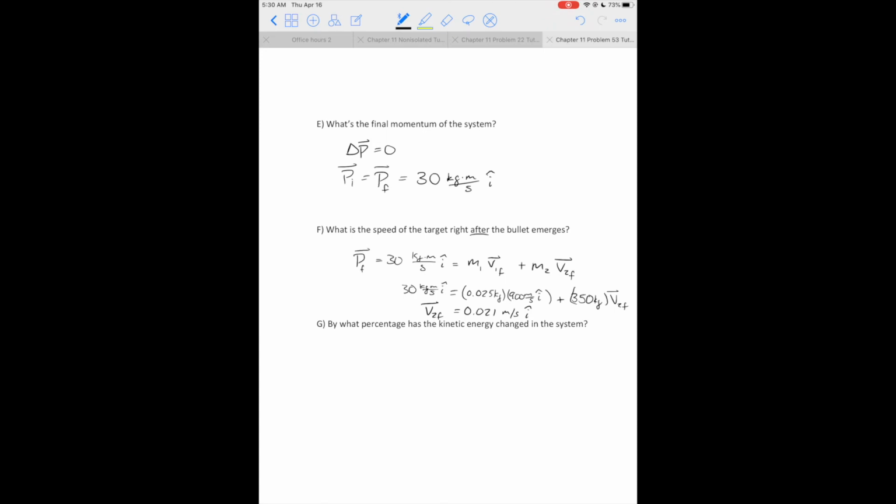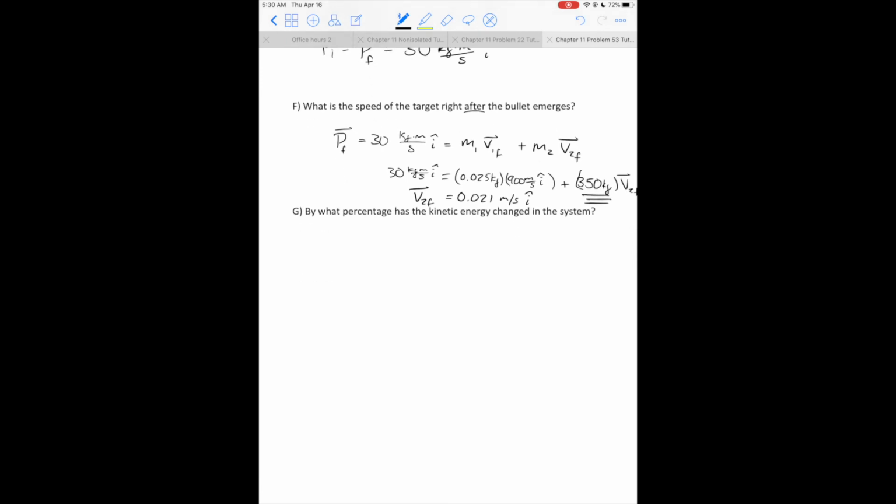We don't need the I-hat unit vector, but it's helpful when thinking about momentum. So this is interesting. It's moving very, very slowly. And I guess that makes sense because we have a huge mass compared to the tiny, tiny mass of our bullet.